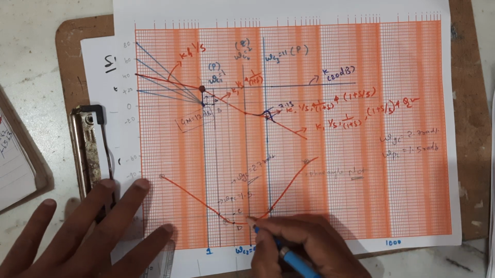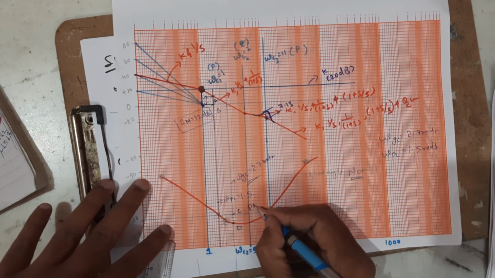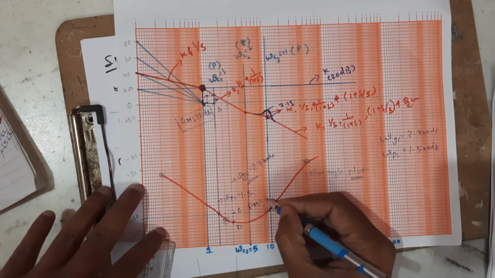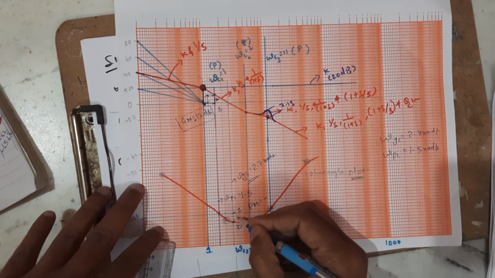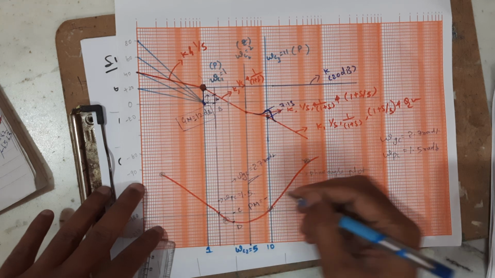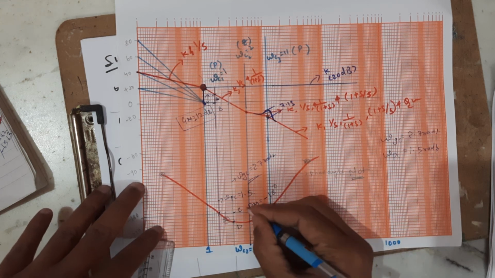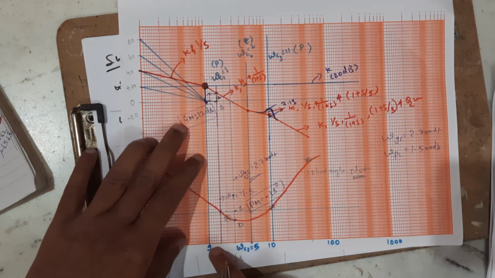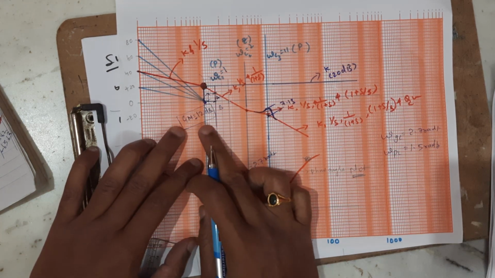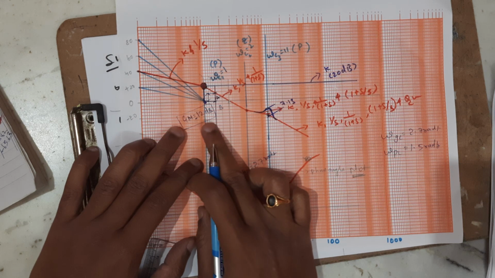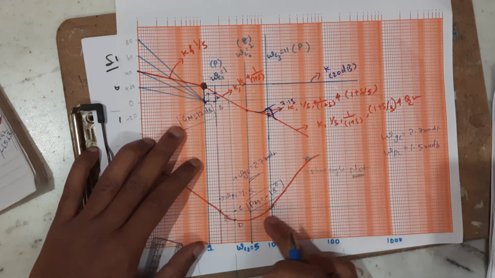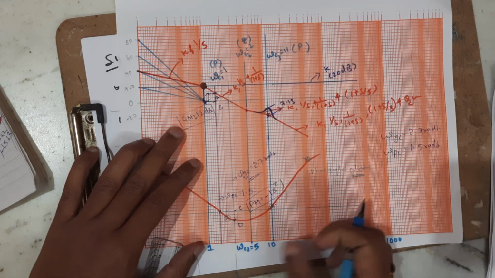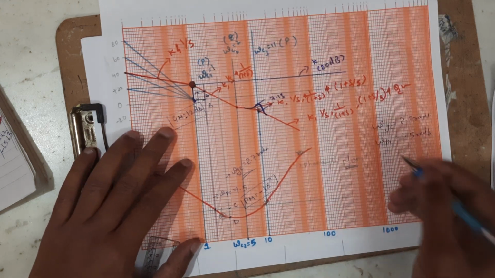So the phase margin will be negative: minus 6, 12, 18, minus 18 degree. So gain margin at omega PC is minus 12 dB and phase margin at omega GC is minus 18 degree.